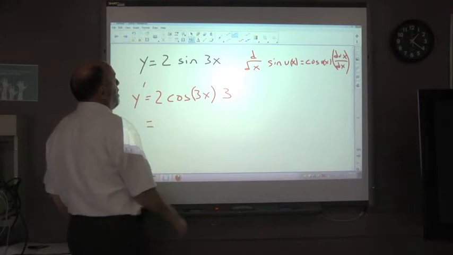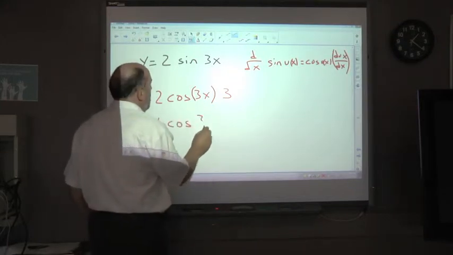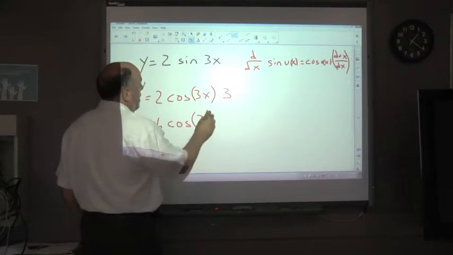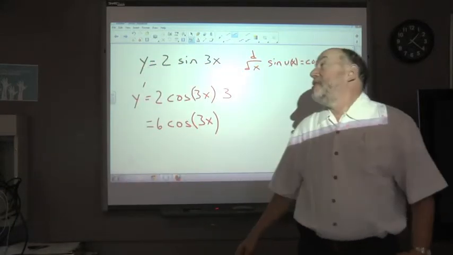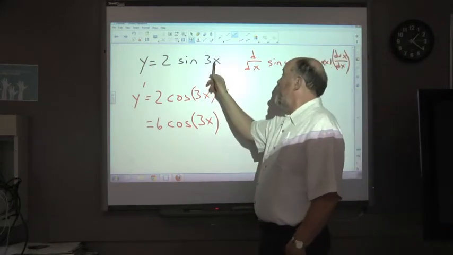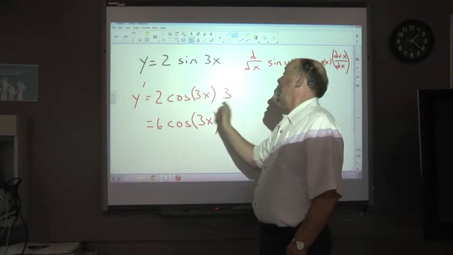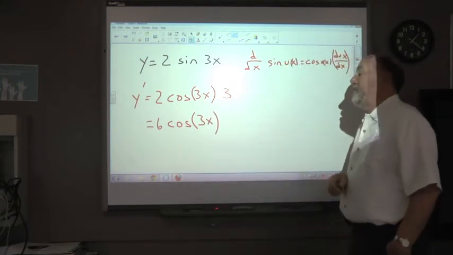And so now we can combine and simplify this a little bit, and we get 6 cosine of 3x. And that'll be my derivative. Right? So the way it works is you change from sine to cosine, the angle stays the way it was, and then you take the derivative of the angle, and we get our derivative.